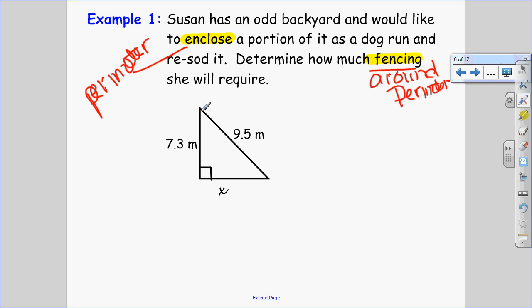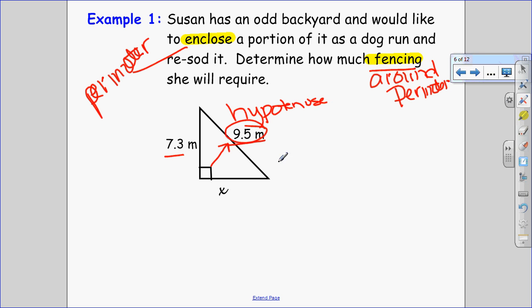If I look at the diagram of her yard, it's a right-angled triangle, and I know 2 sides. Since it's right-angled and I know 2 sides, I can solve for the third side using the Pythagorean theorem. So I need to identify my hypotenuse first. I'm going to find my right angle, draw a line across, and this side, 9.5, is my hypotenuse.